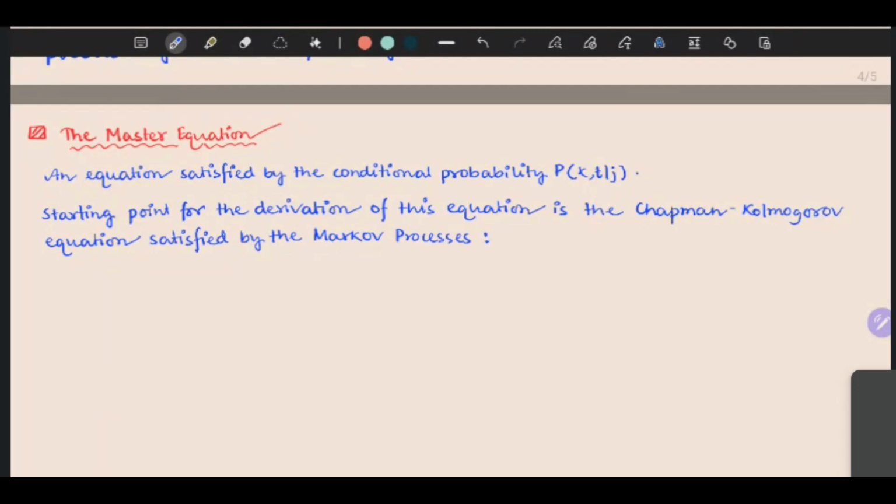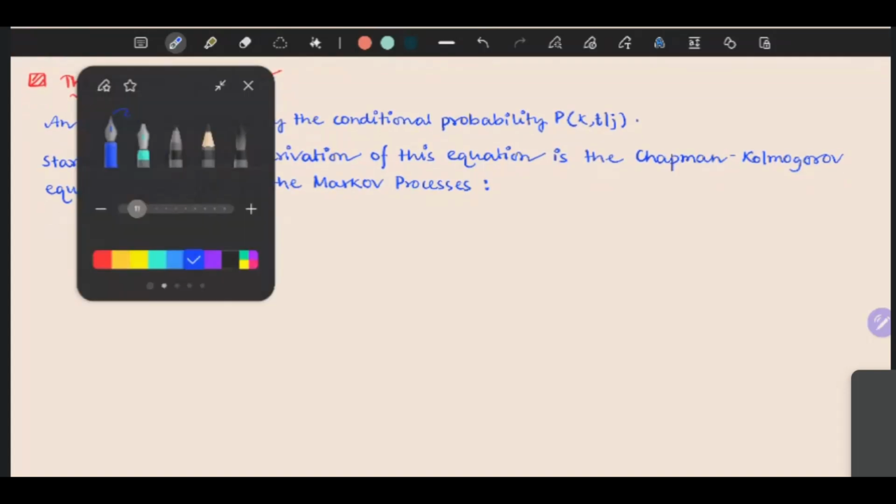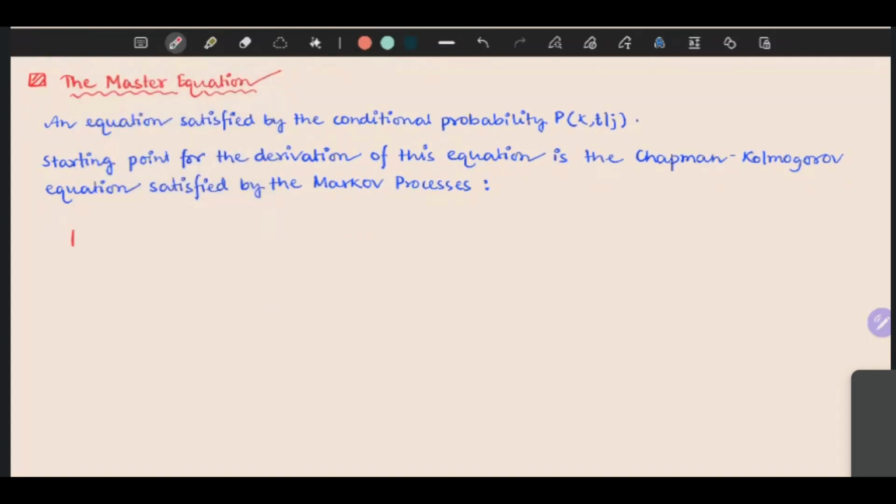So what is that? That is precisely P of k, t given j, this conditional probability, is equal to the sum over l from 1 to n of P of k, t minus t prime starting from l, times P of l, t prime given j, for any t prime belonging to 0 to t.